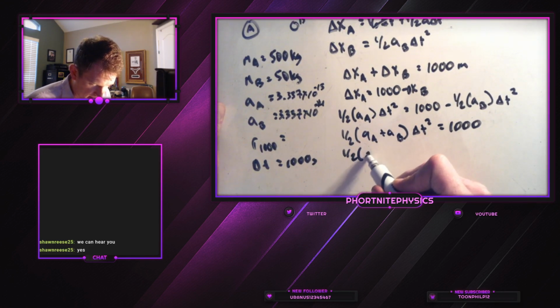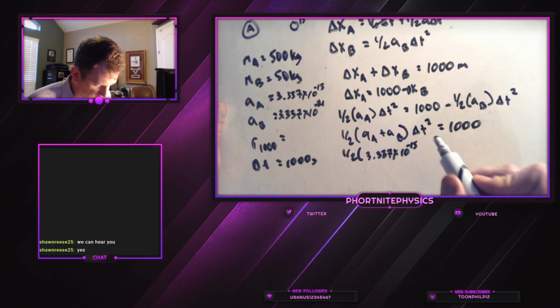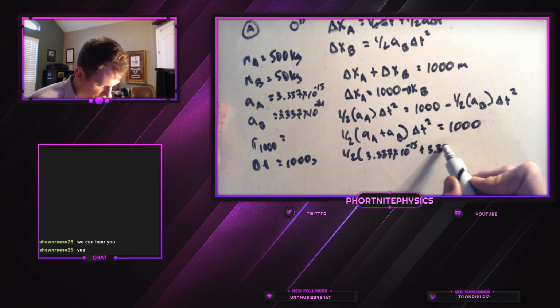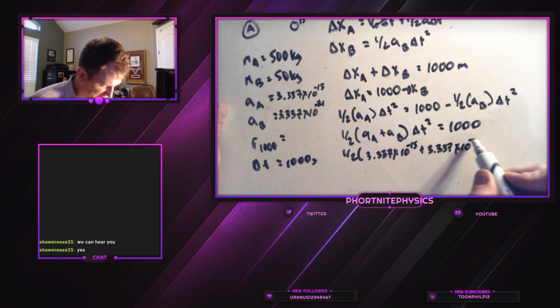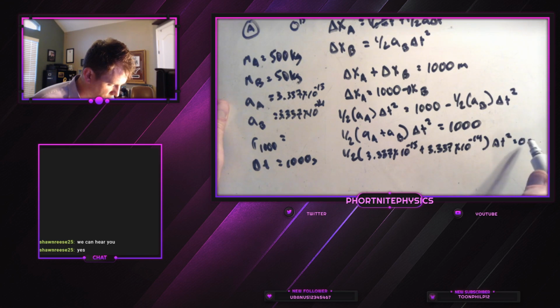So 1/2 times (3.337 times 10 to the negative 15 plus 3.337 times 10 to the negative 14) multiplied by time squared equals 1,000.